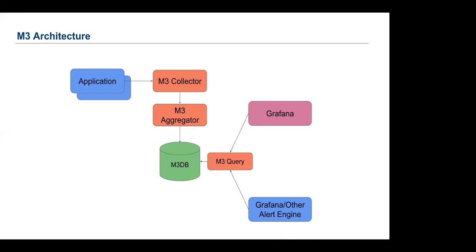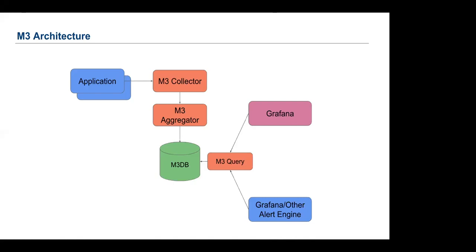M3 aggregator is the aggregation tier, which I alluded to. It looks at what rules you have set up for this metric, and it does some roll-ups based on those. Once those metrics are aggregated, it sends them to M3DB, which is our data store, and then metrics are saved.